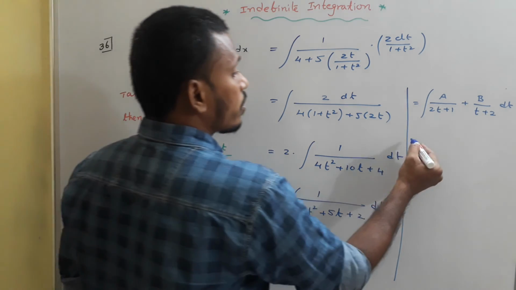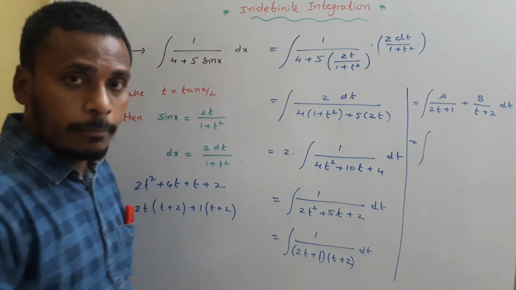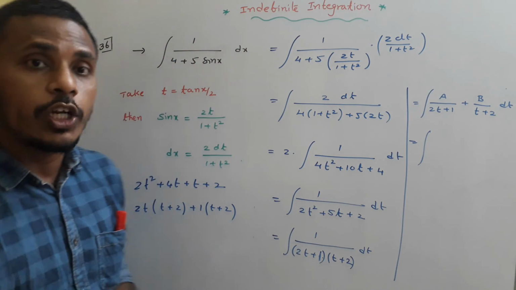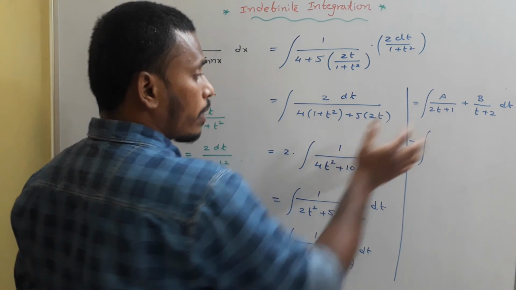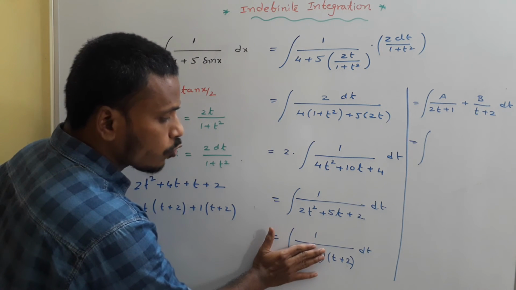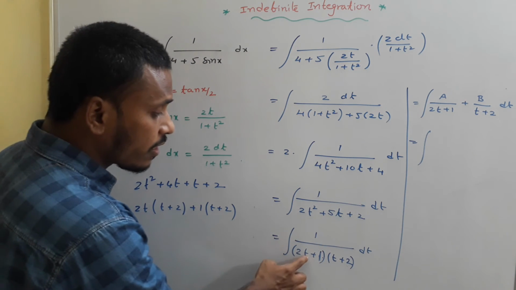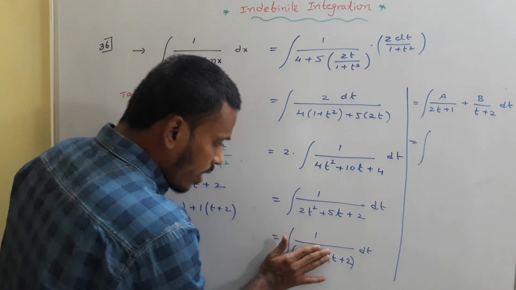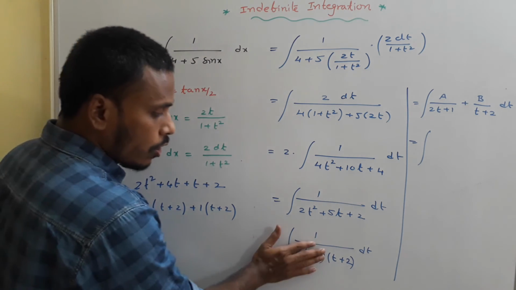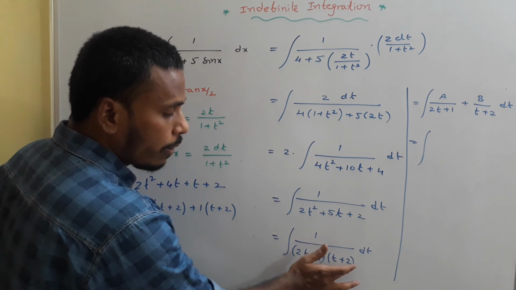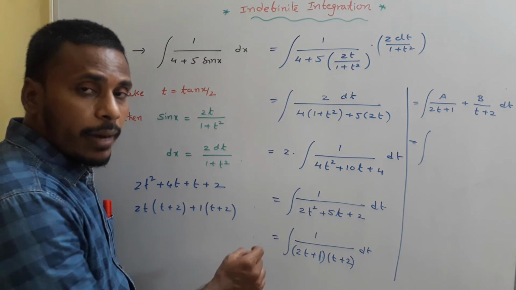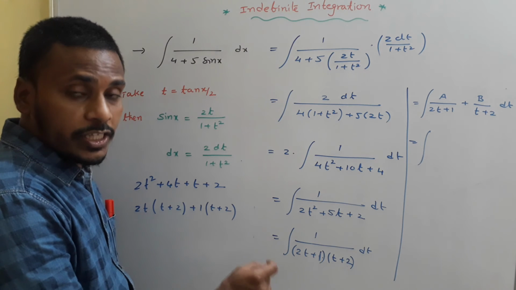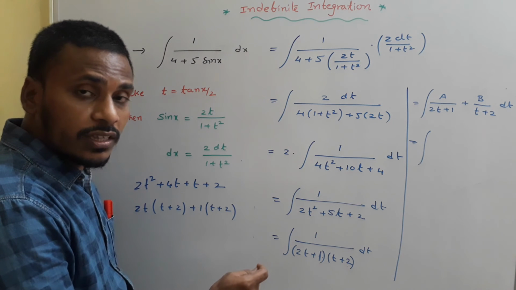Now what about that a? To calculate a, what we need to do? Since the denominator is 2t plus 1, you simply close this 2t plus 1 and replace t with minus 1 by 2. Use here minus 1 by 2 plus 2. Minus 1 by 2 plus 2 is 3 by 2.